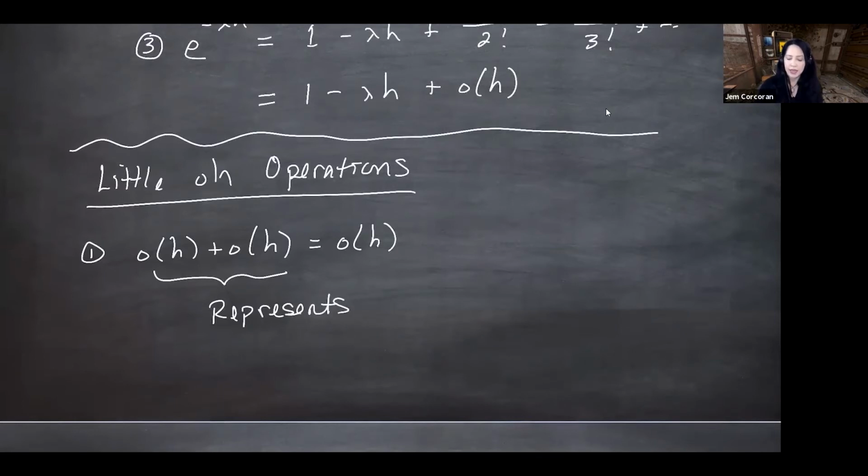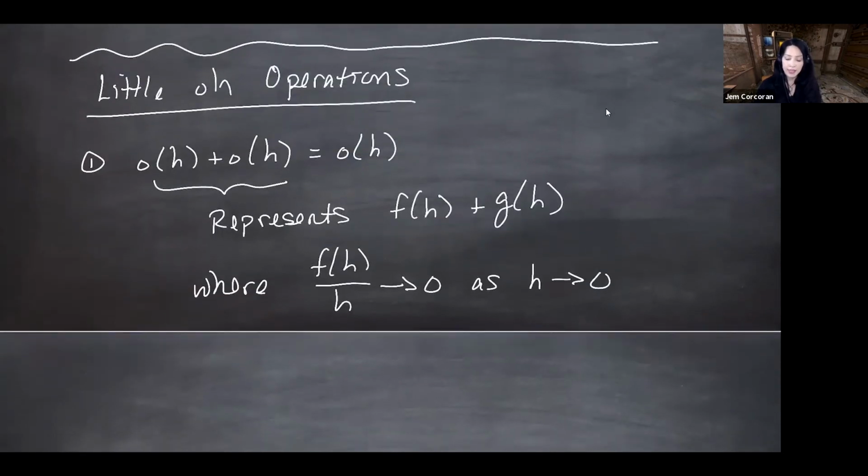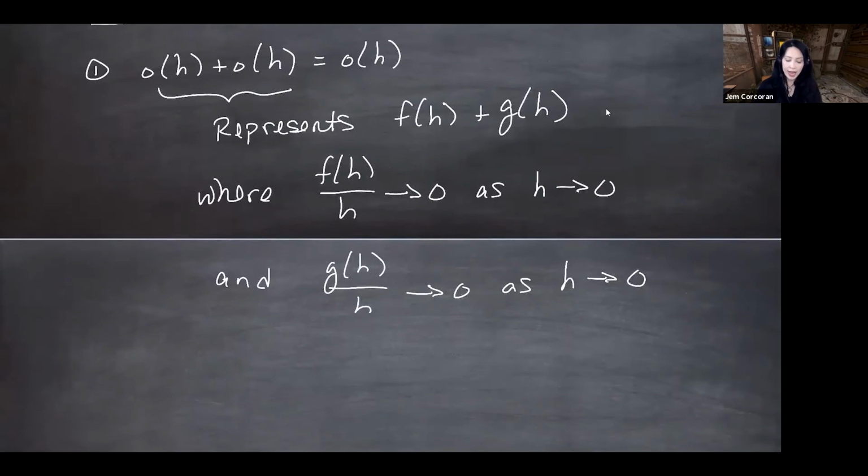So this represents like an f of h plus a g of h, where f of h over h is little o of h in that it goes to 0 as h goes to 0. And the same thing for g. So when you add 2 little o of h functions, f of h plus g of h, you get f over h plus g over h, and this breaks up.